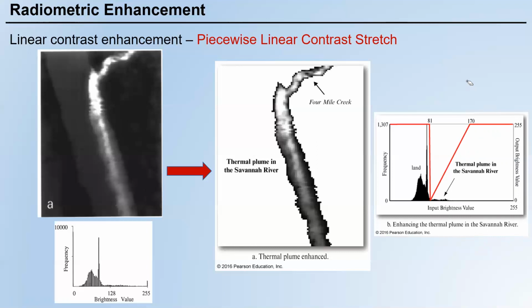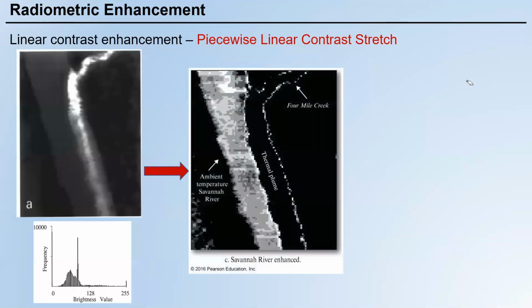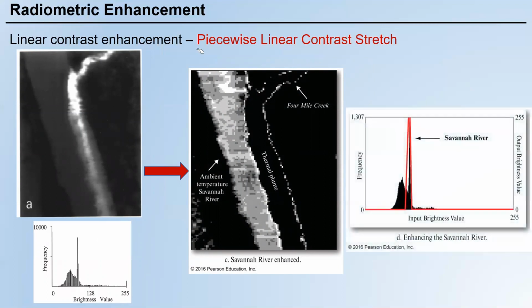So you could also enhance Savannah River. This is the result. Here you can say 4 Mile Creek is not the main character anymore. All those pixels are pure black. So we want to emphasize Savannah River here. Again, another piecewise linear contrast stretch method has been used, but this time we only focus on this spike. Like I said, pixels within this spike are for Savannah River.